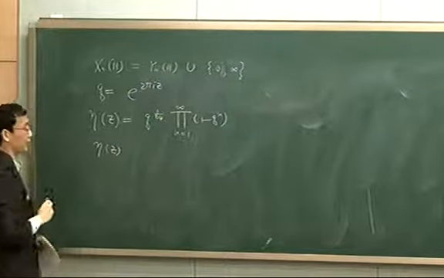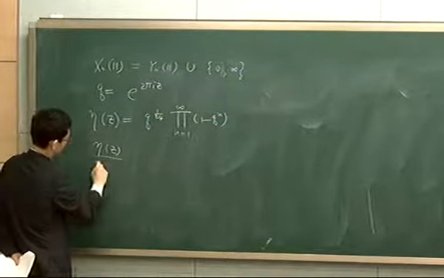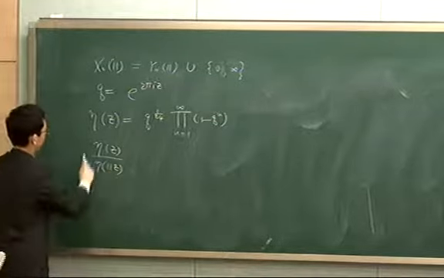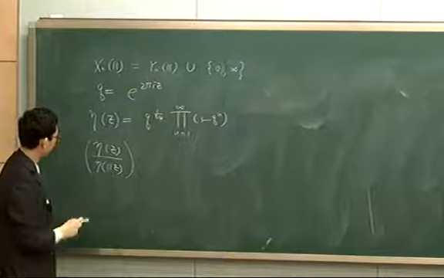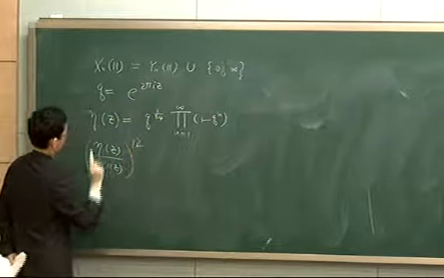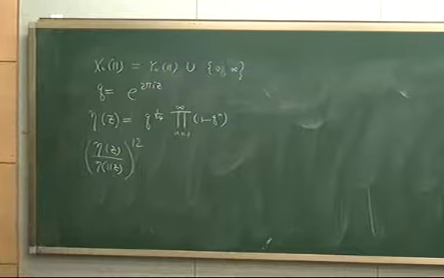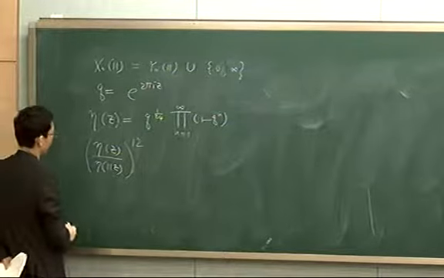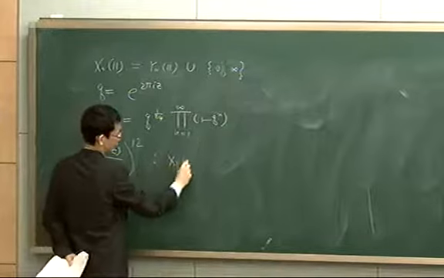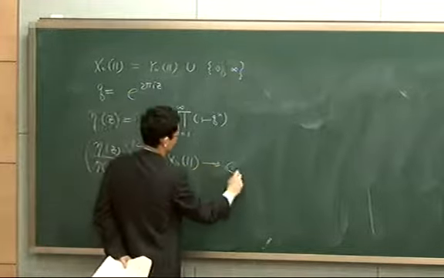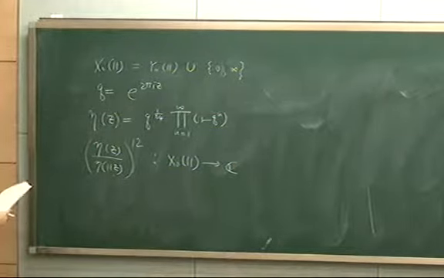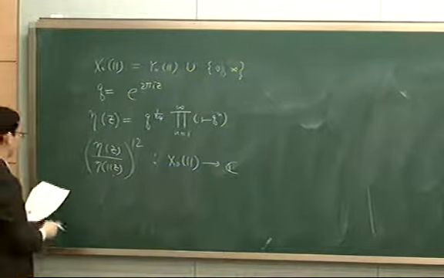Now, if we take the quotient eta(z) over eta(11z) and take the 12th power of this function, then this function defines a function from X_0(11) to the complex numbers.